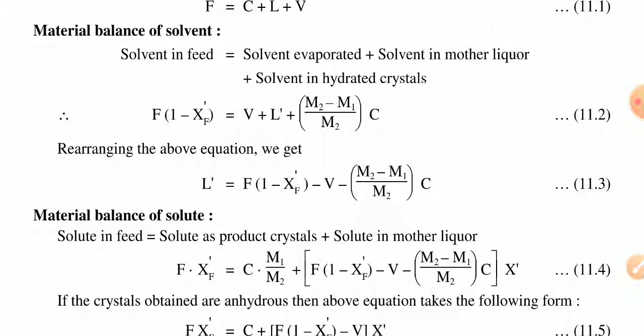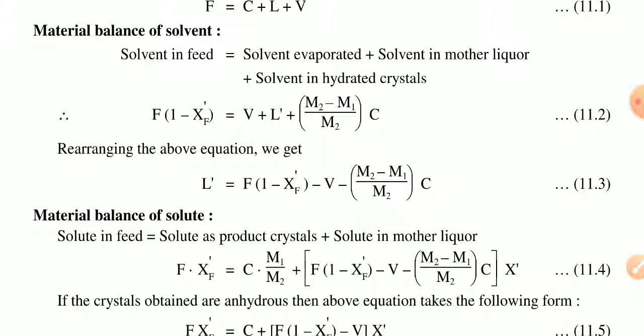L dash is equal to F multiplied by (1 minus X dash F) minus V minus (M2 minus M1) upon M2 multiplied by C. This equation 11.3 we carry into the material balance for solute. In the overall material balance we saw the solvent in the feed equals the evaporated solvent plus solvent in the mother liquor plus solvent in the hydrated crystals.